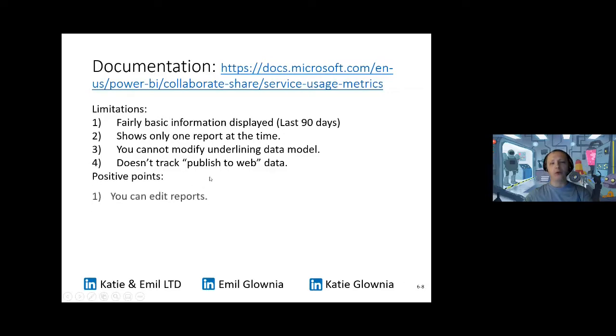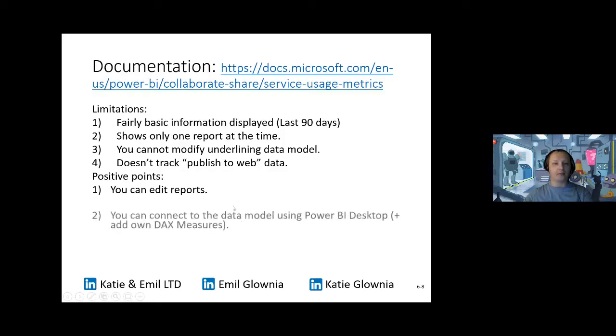Now, the positive points: you can edit the reports, so you will have what you saw on my screen, and then you can click edit, save it as a different report, and modify it to your liking, so you will have access to the model that is available, and you can modify that.